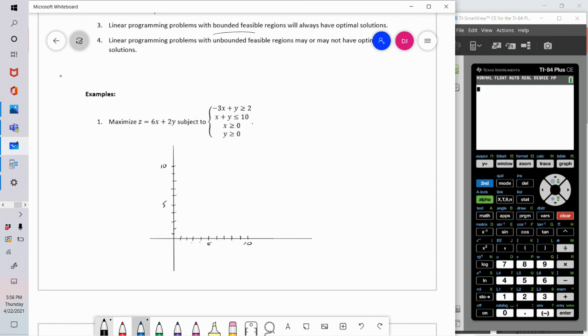So let's graph this equation in blue. What I think I'm going to do there is take negative 3x plus y equals 2. I'm going to add this 3x to both sides.